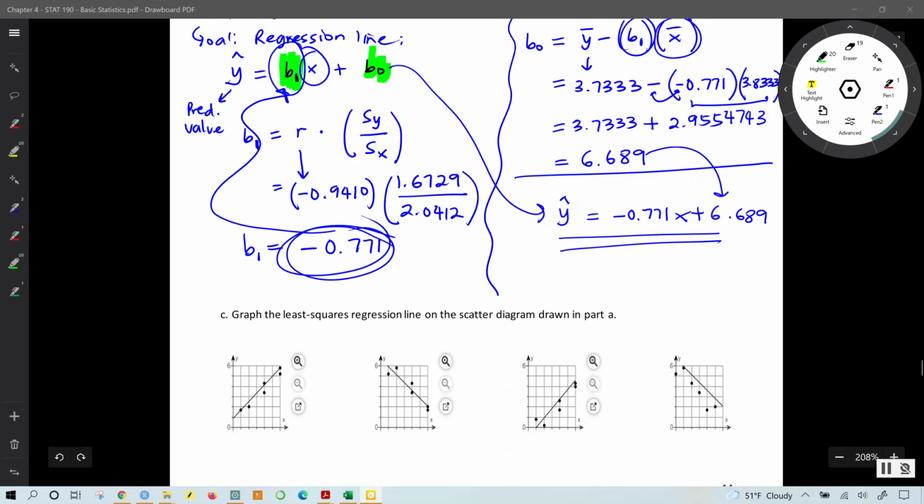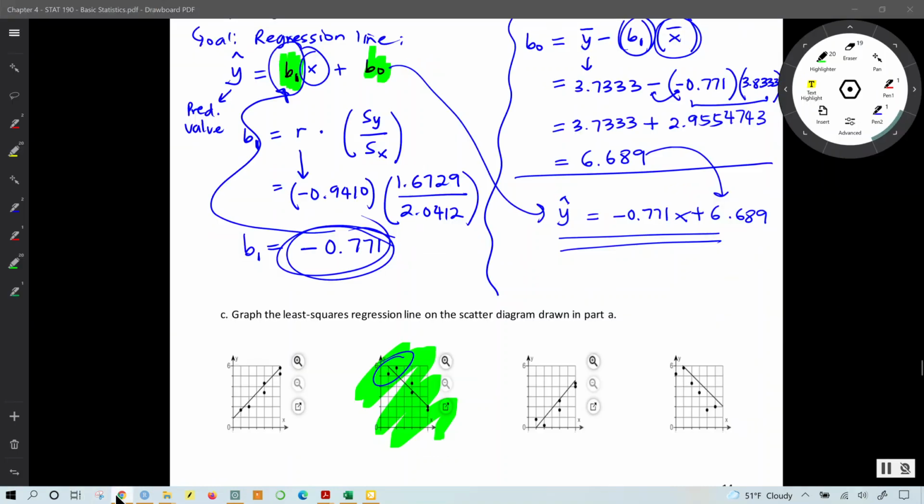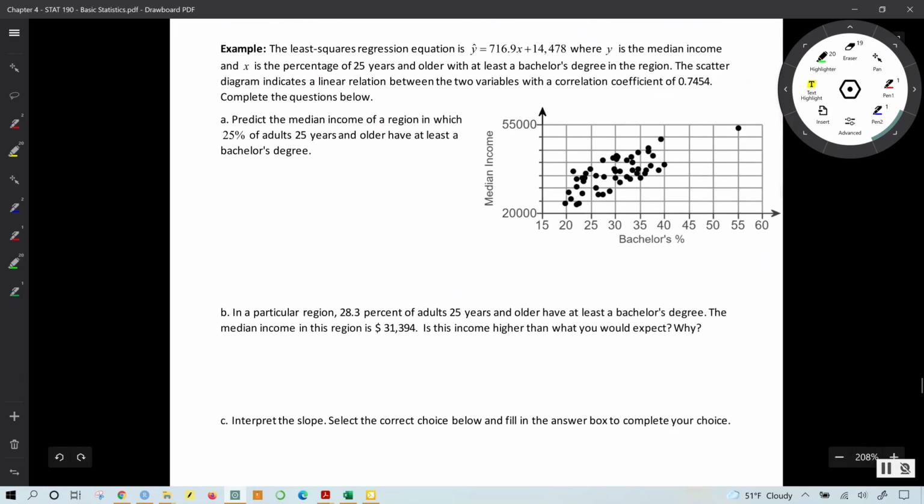Looking at the second option, that looks like the best fit because I can see the line passes through these 2 points, and it also does here too. In contrast to the contending one, here the line does not pass through the 2 points, so I can tell that my correct answer is the second option here. With that done, we proceed to the next example.